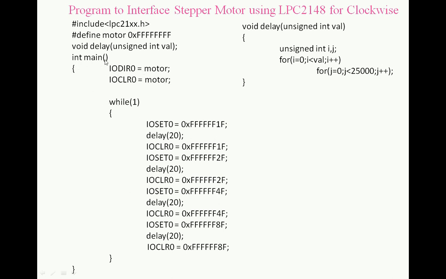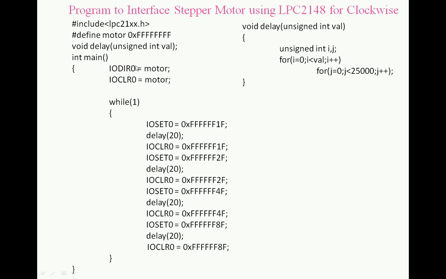So int main, and the first line is IODIR0 equal to motor. Here motor means the 32 ones we have defined, right? IODIR0 specifies the direction of the port 0 pins.